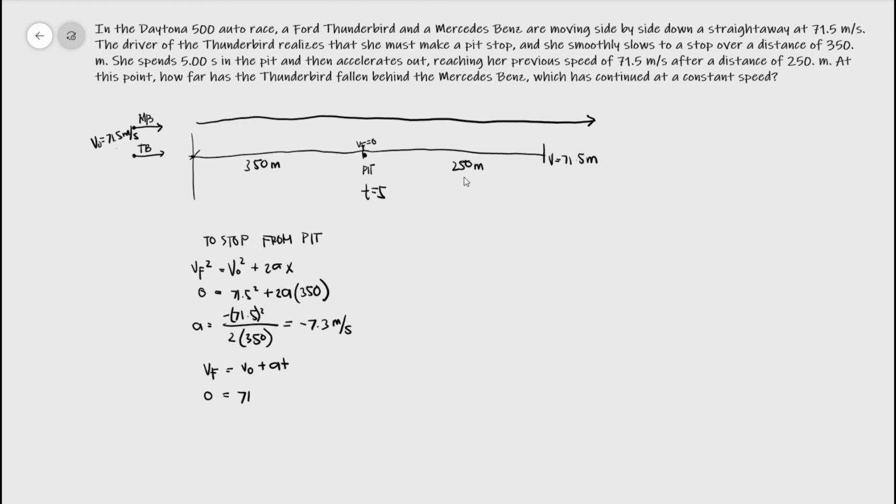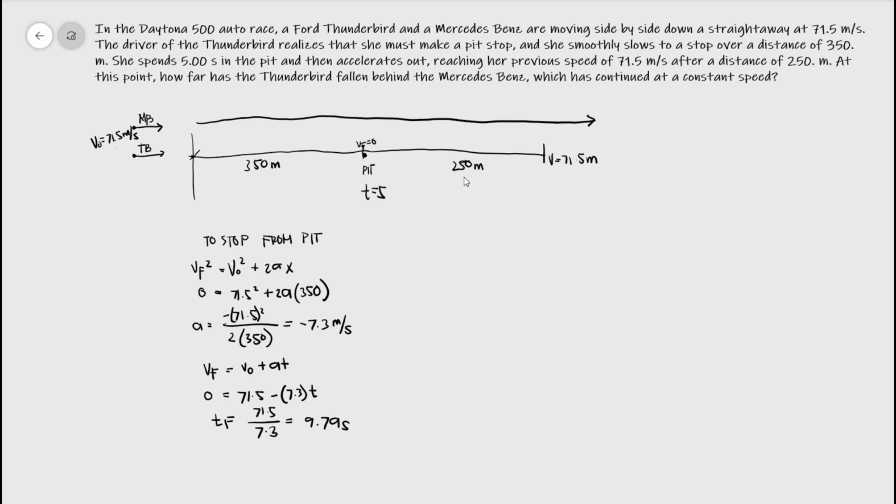Initial velocity is 71.5 minus 7.3t, solving for the value of t. t is equal to 71.5 divided by 7.3. Total time for the Thunderbird is approximately 9.79 seconds.